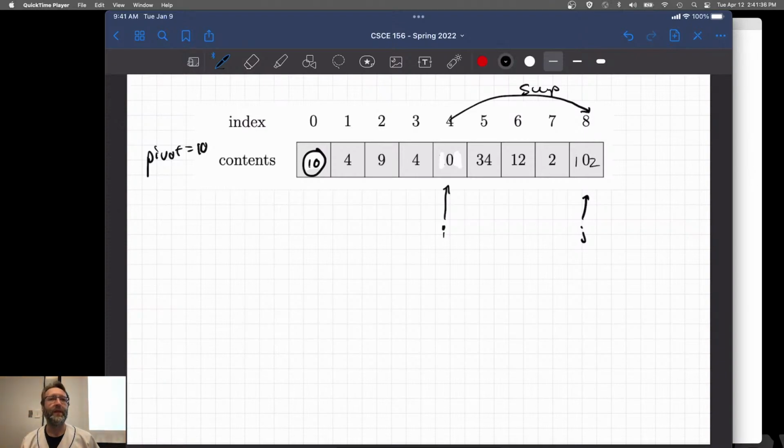Now your I's and J's continue. 34 is on the wrong side with respect to the left side. 2 is on the wrong side, so I end up swapping those. And then I meet in the middle. You get the idea.